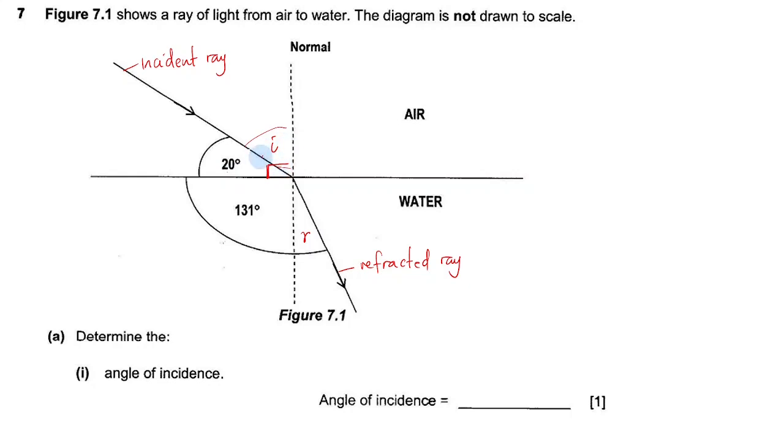So for us to know this other one, we'll say 90 minus 20, so it will be 90 degrees minus 20 degrees is equal to 70 degrees. So this one will be the angle of incidence. The total here is 90, but you have only been given this, so it's common sense to say this other one is 90 minus 20. What will remain will be 70.